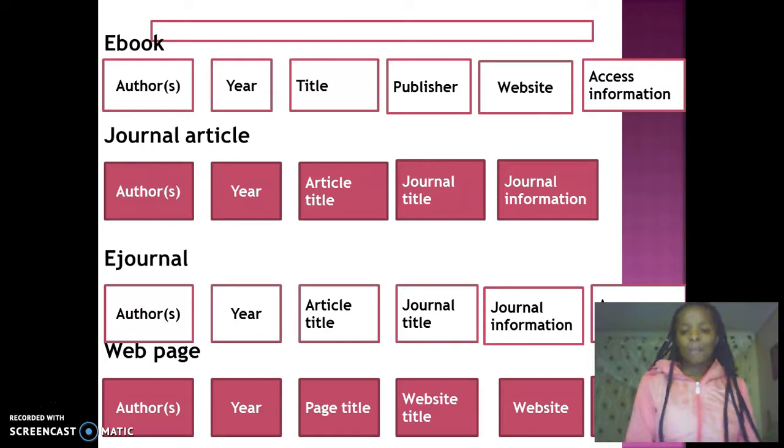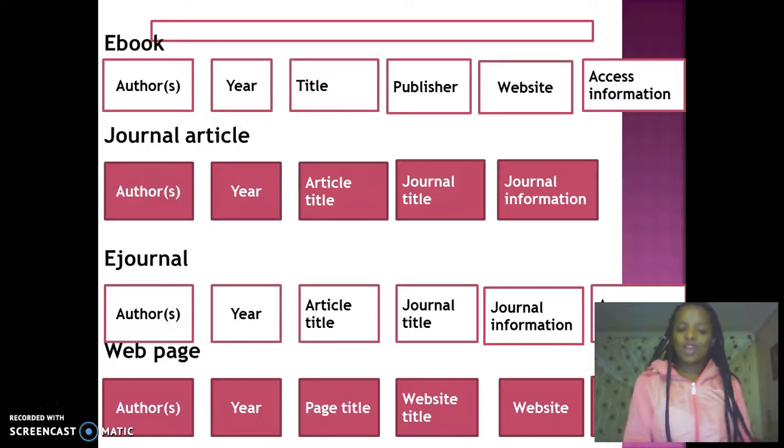In terms of a web page, an author, I've had conversations with my tutees that websites don't have authors. They actually do have authors if you look at it. If it's something by the Department of Social Development, that is the author.